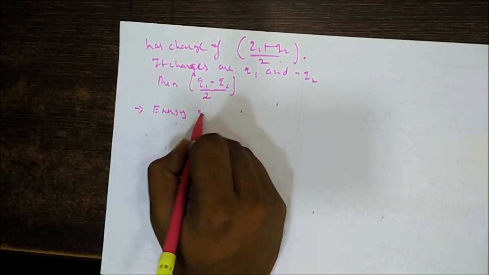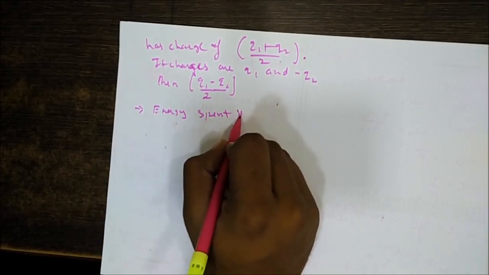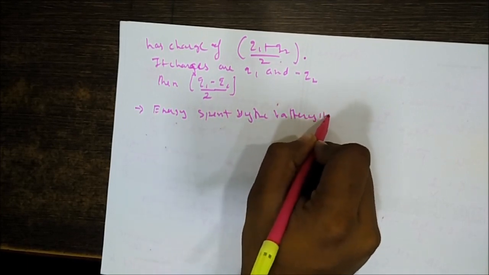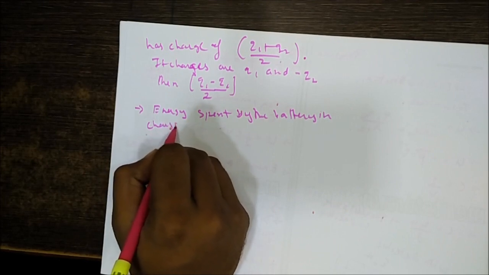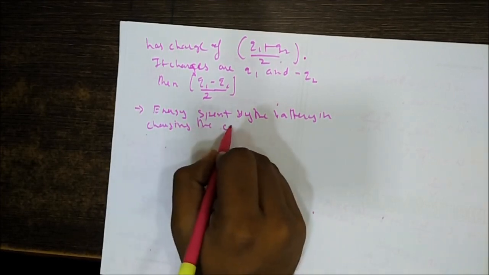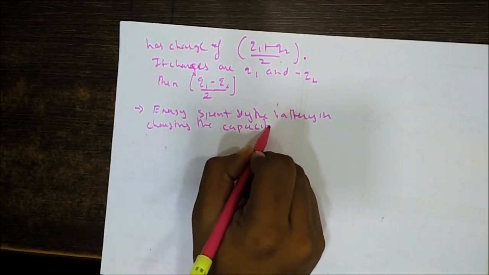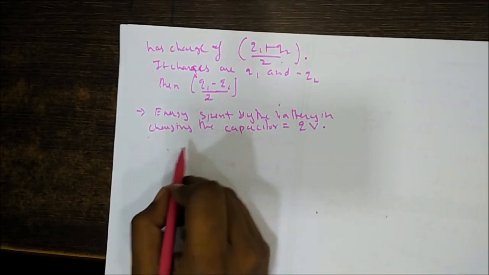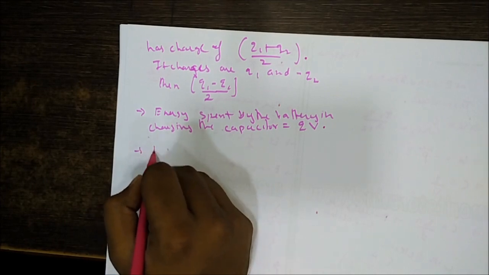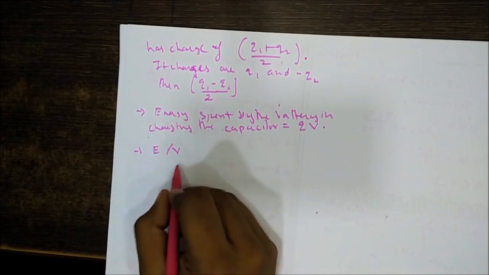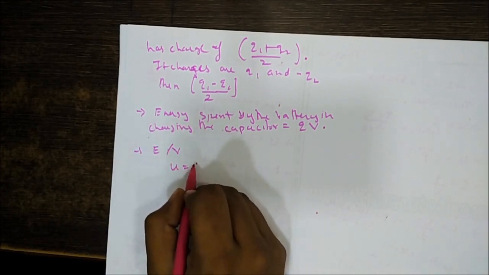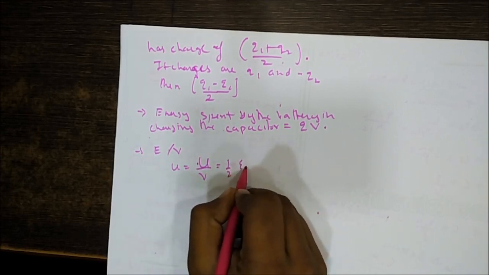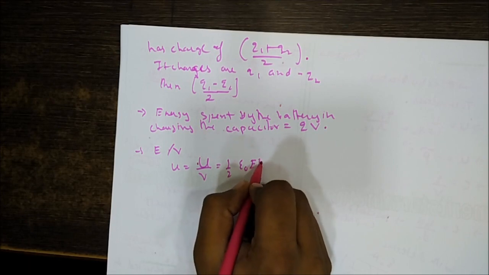Energy spent by the battery in charging the capacitor is equals to Q into V. Energy per unit volume, that is small u is equals to capital U upon volume, that is equals to half epsilon naught E square.